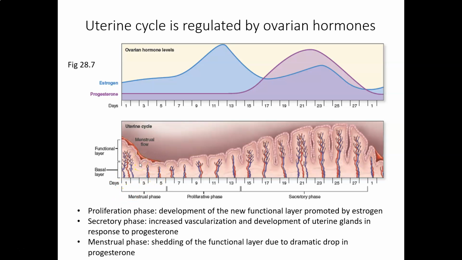So in your textbook, you have this menstrual cycle lined up with everything else: the ovarian hormone level, the gonadotropin level, right, the development of follicles. You really need to memorize the whole thing in your mind, and be able to tell.